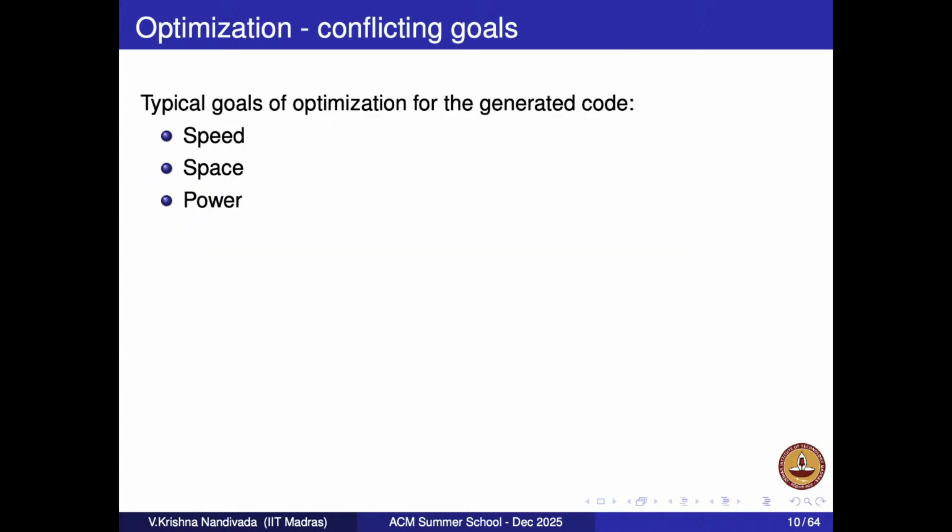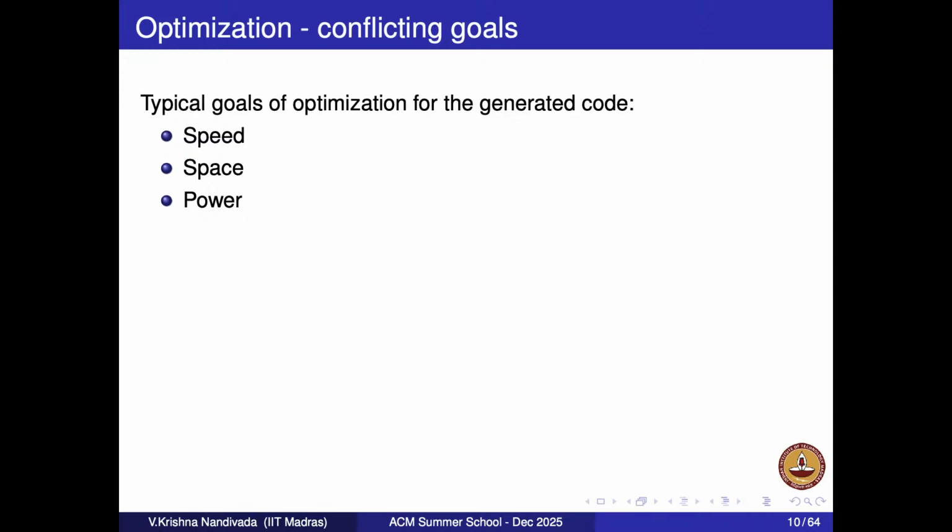Anyway, let's continue. So the goal of optimization, we so far were talking about speed. And we said, oh, one optimization can improve speed. Oh, but it can also impact the speed negatively. If you think that is complicated, let me add a few more. Let us say you are writing an application to run on the pacemaker, to be put on the heart, right?